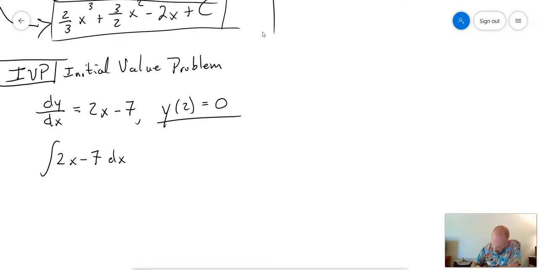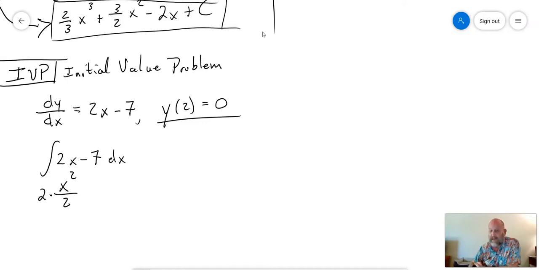The integral of x, did I just say take the derivative? I meant to say take the integral. If I'm going to take the integral of x, that's going to be x squared over 2. So I still have the 2 times that.